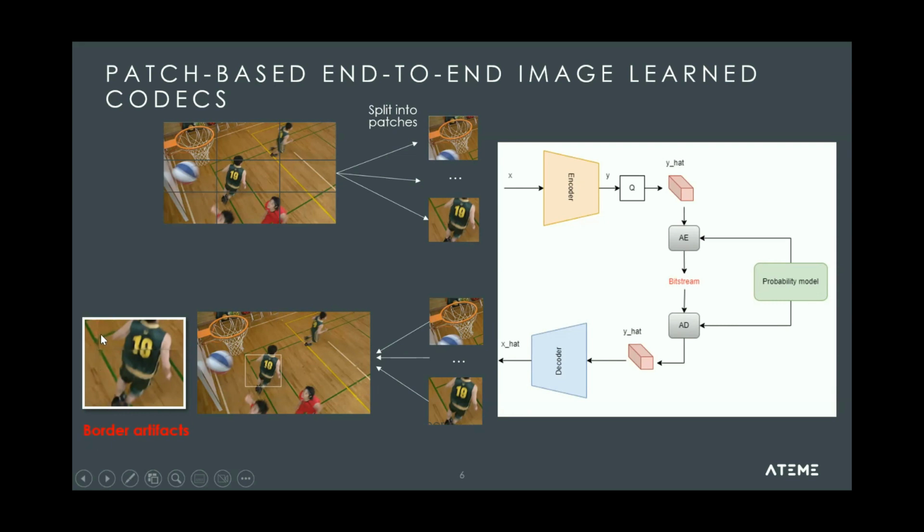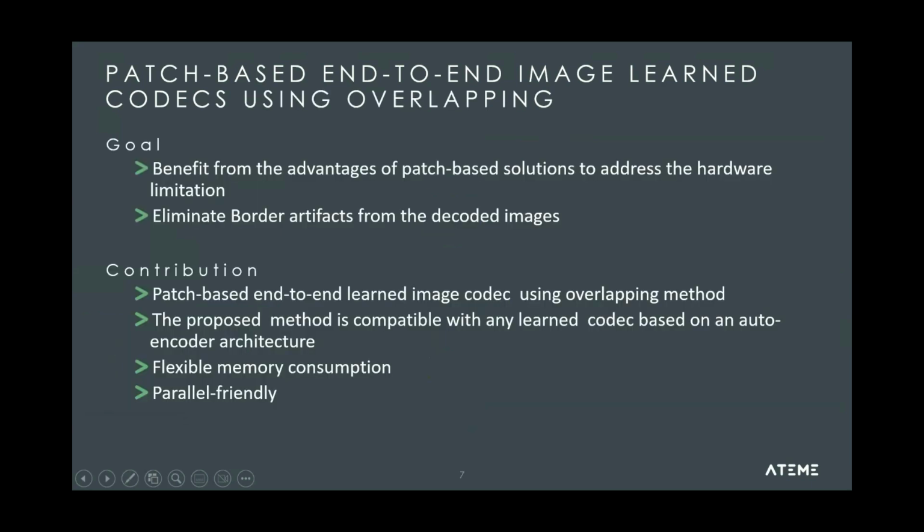However, if we do that, we have another problem, which is border artifacts. So the goal of our work is to address the memory saturation problem, which is the hardware limitation, by benefiting from the advantages of the patch-based solution, and also by eliminating the border artifacts.